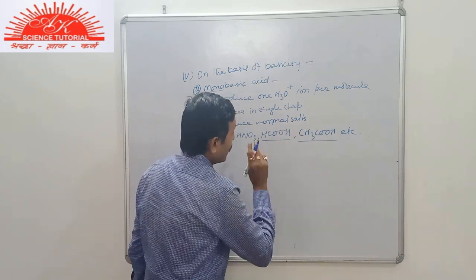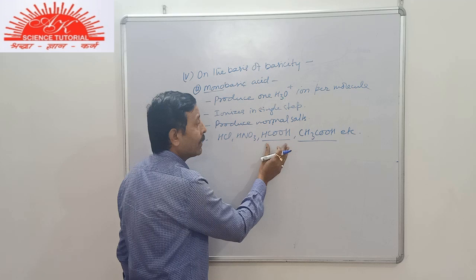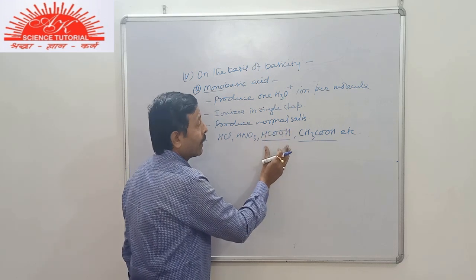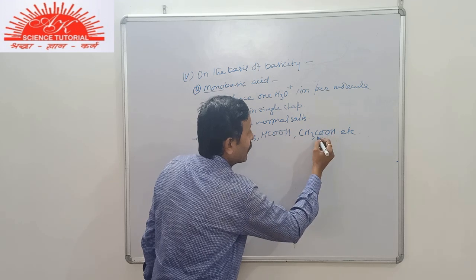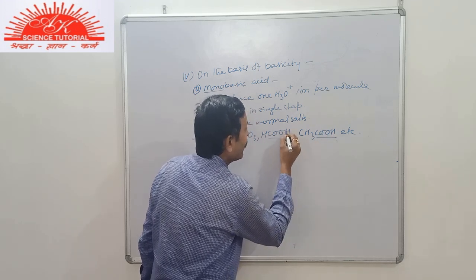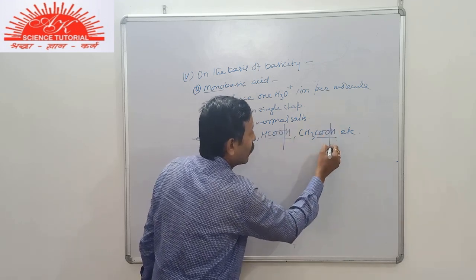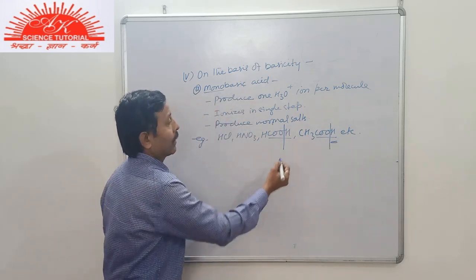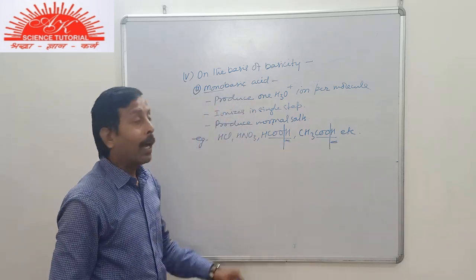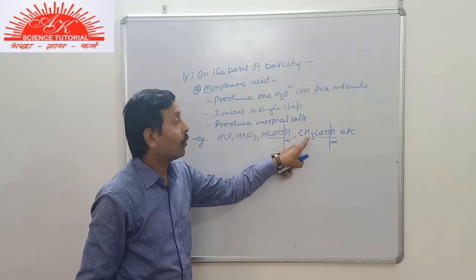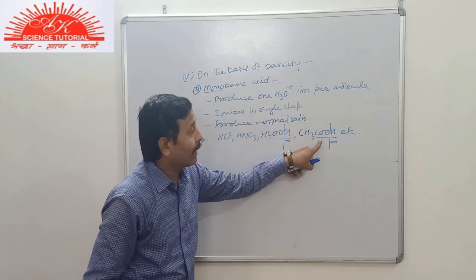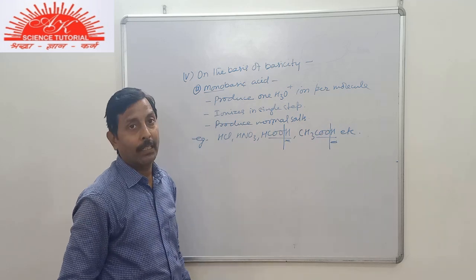But always remember, if there is a carboxylic acid, then from the carboxylic acid this group will give you only the hydronium ion or H plus ion. The hydrocarbon part will not give H plus ion. So acetic acid is a monobasic acid.